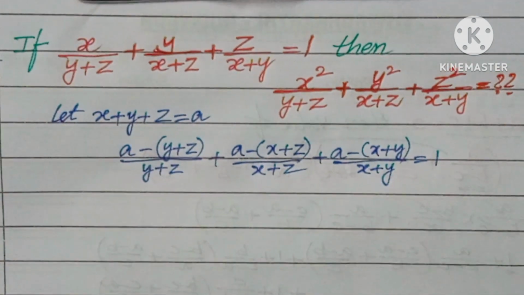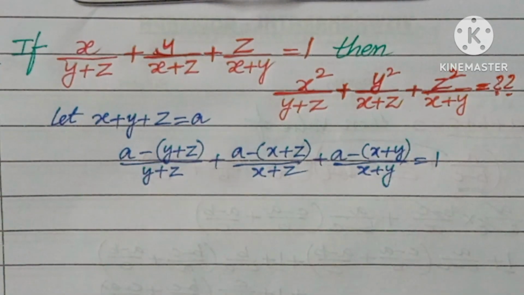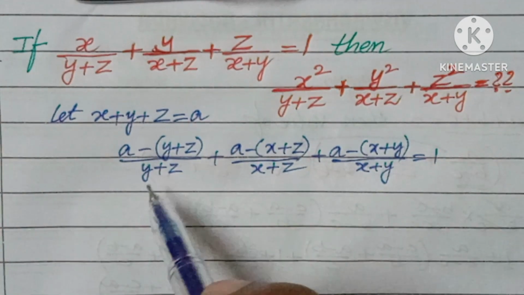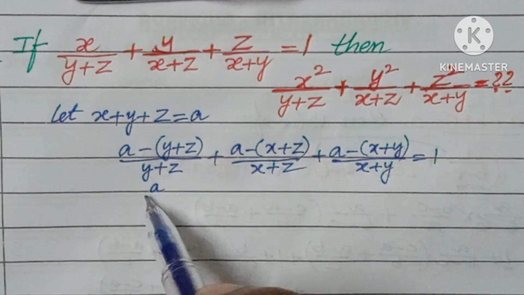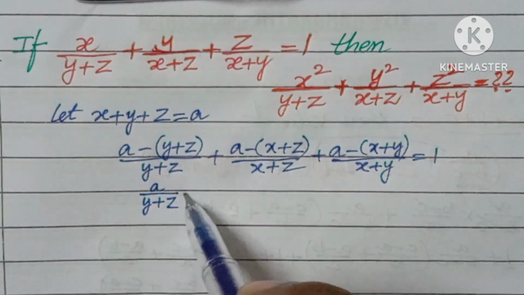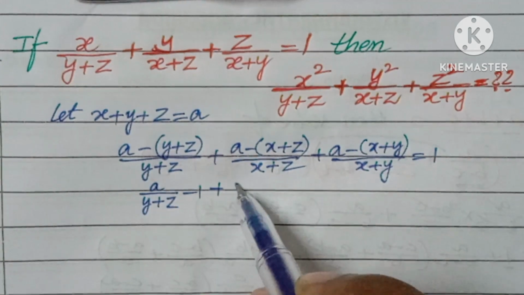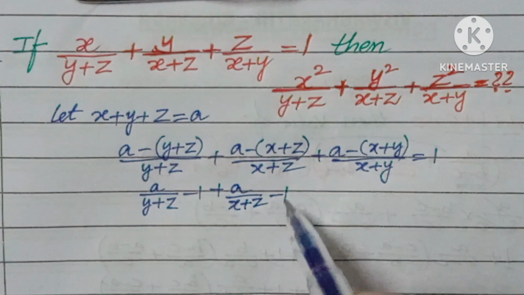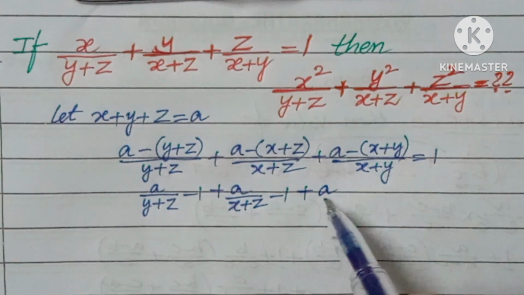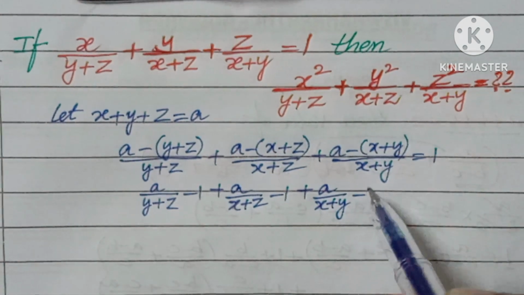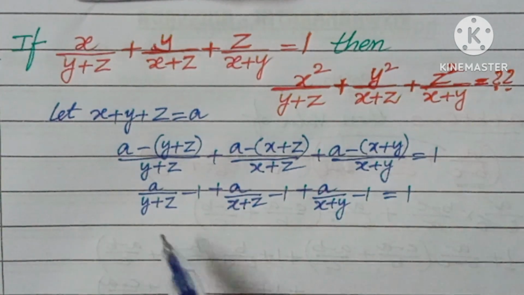So we are changing the first equation into this form. If you write this in one form, a by y plus z minus 1, plus a by x plus z minus 1, plus a by x plus y minus 1 is equal to 1.